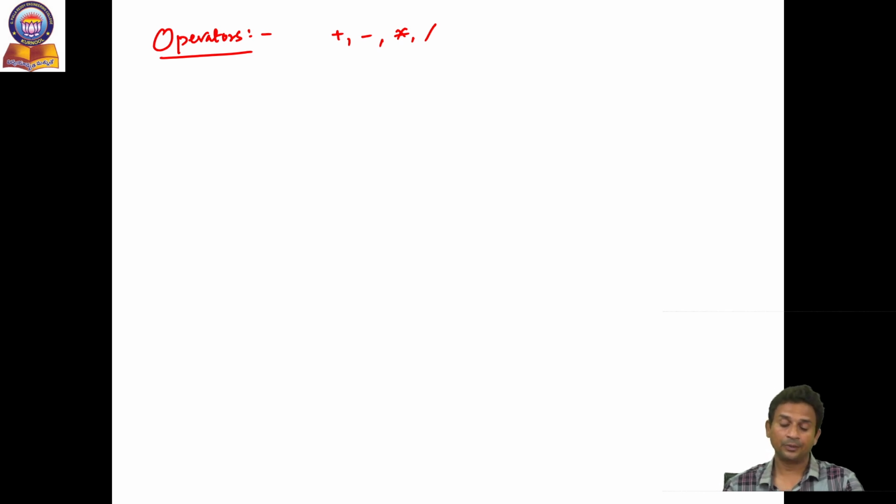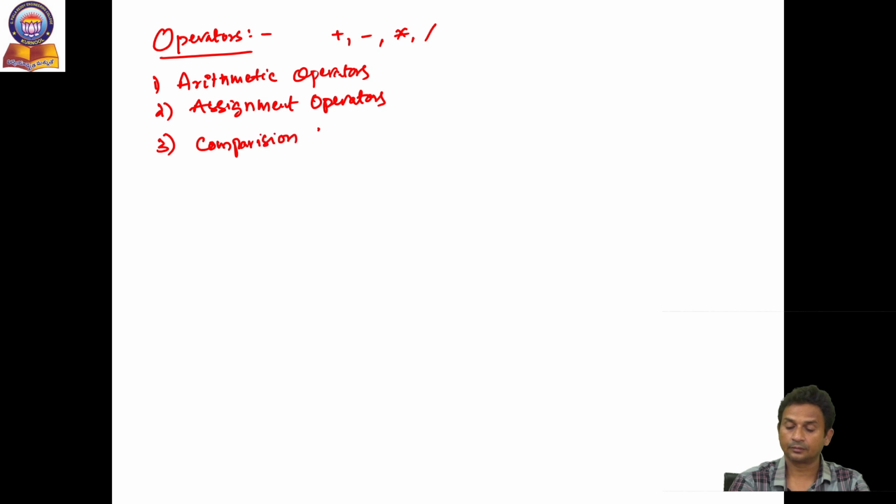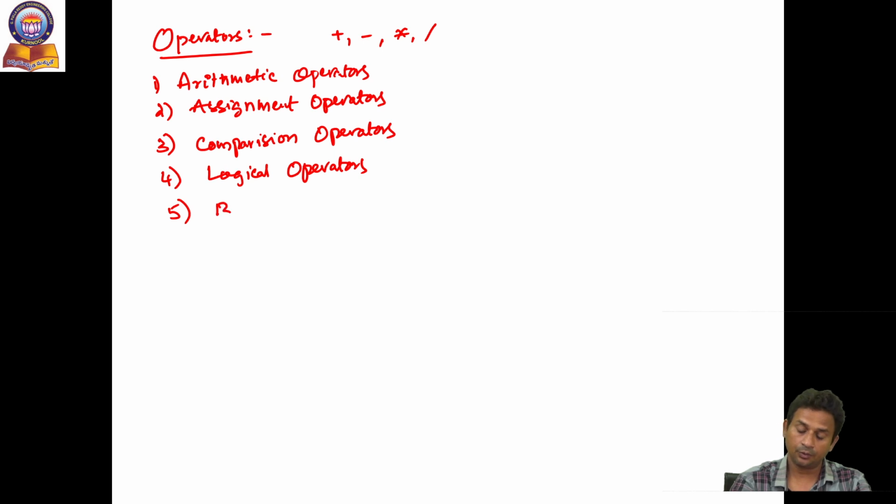The Python programming language supports different types of operators: first, arithmetic operators, second, assignment operators, third, comparison operators, fourth, logical operators, and fifth, bitwise operators.